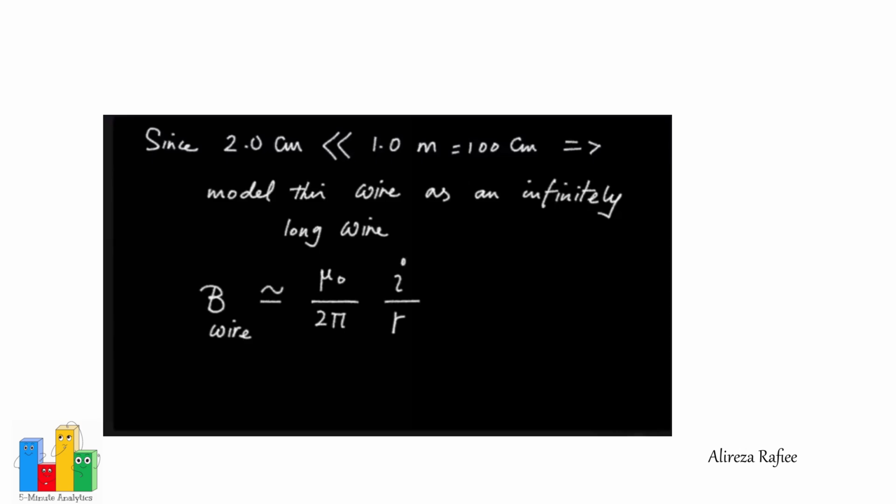So in this case, if I know what is the current, and if I know where I want to know the magnetic field, then I can calculate the magnetic field. But because this is a wire with some resistance R connected to a battery with electromotive force of 12, if I know what the R is, then I can calculate what is the current inside this wire.